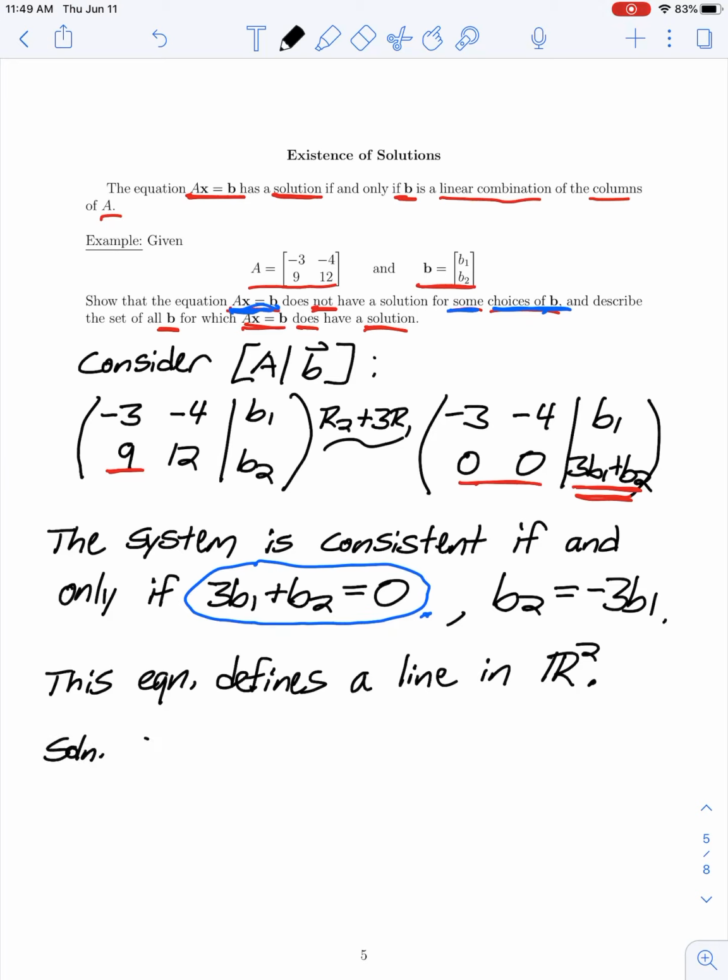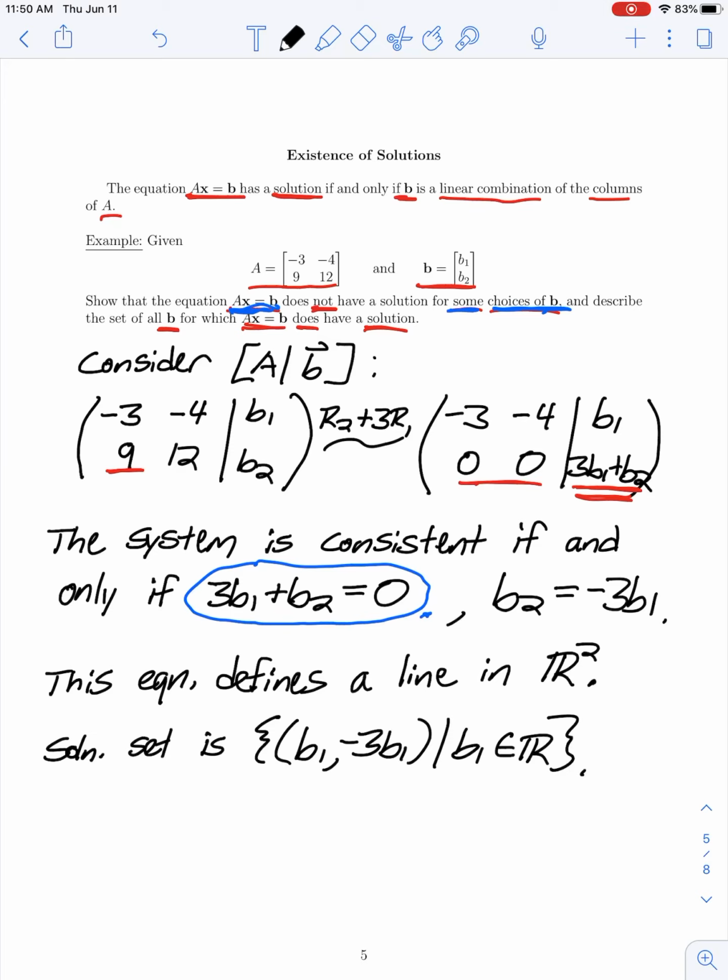Our solution set is the set of vectors B. So here we're looking at a set, not a specific vector, such that the first component, B1, is a free variable, and B2 has to equal -3 times B1, such that B1 could be any real number.